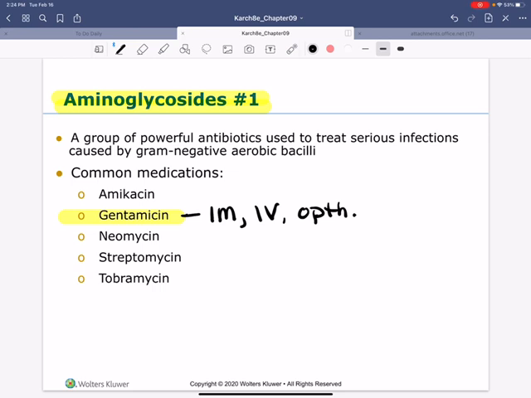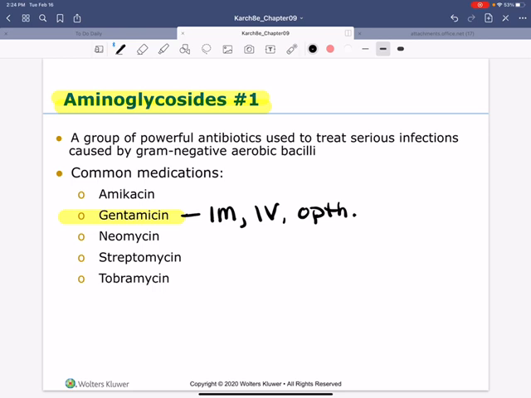Gentamicin, I highlighted the ones that are on your study guide. Gentamicin can be given intramuscularly, IV, and it also can be given as eye drops. So it's commonly given for conjunctivitis, bacterial conjunctivitis, otherwise known as pink eye. For IV, though, it's usually only used to treat very serious infections caused by gram-negative aerobic bacilli.